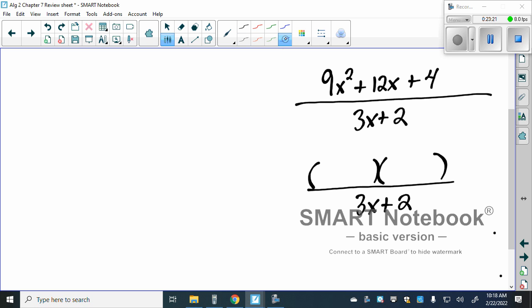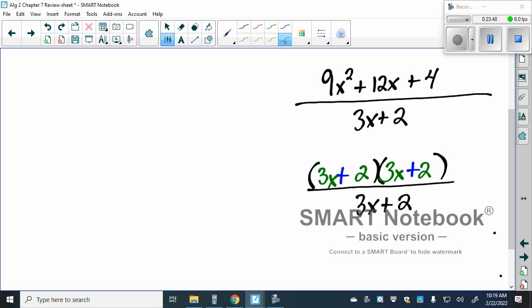Since the 4 is positive, the signs are the same and match the sign of the middle term, which works out to be plus and plus. Factors of x squared, we have x and x. And we can try 3 and 3. Since the denominator had a 3x, we can try using 3x and 3x. And what factors of 4 would we want to use?